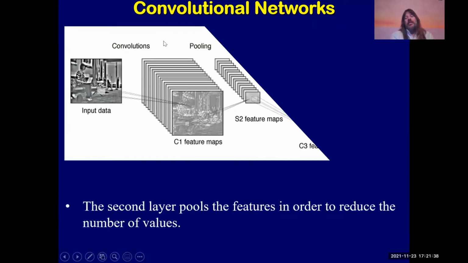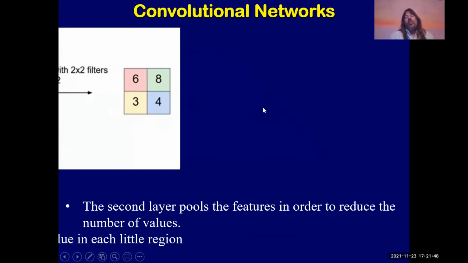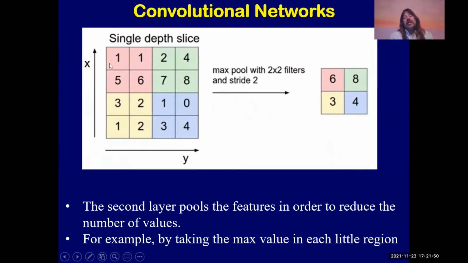And then after we do that, they sometimes have what's called a pooling layer. What a pooling layer says is, remember this number here says, does the feature appear here? Does it appear here? What they might do is take those 4 values and take the maximum of it.